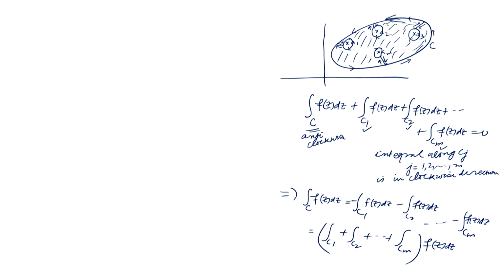So the integrals around C and Cj, j equal to 1, 2 and so on up to m, are in the anti-clockwise sense.